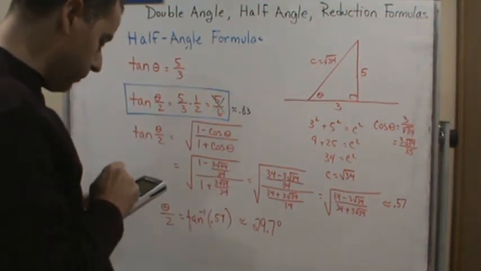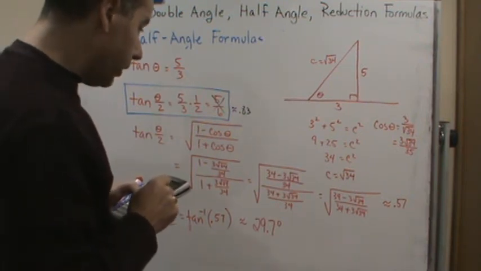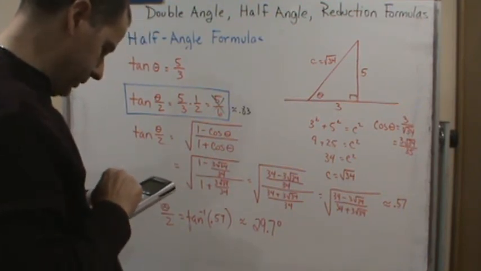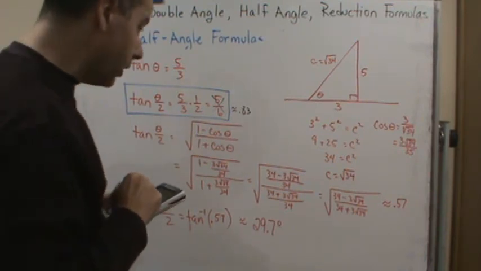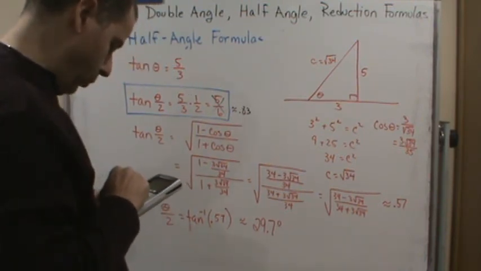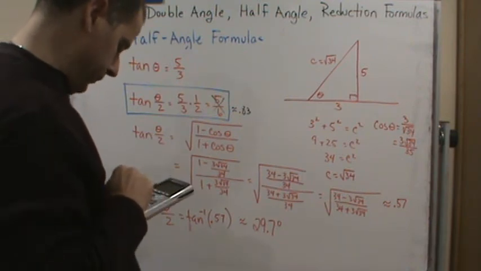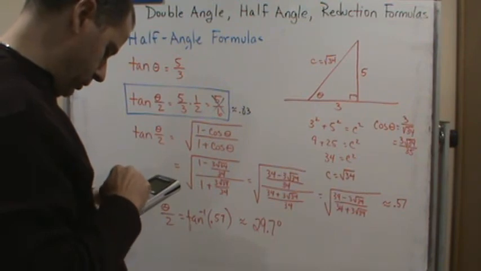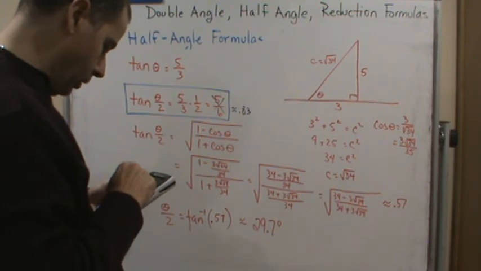So I'm going to do 34 minus 3 times root 34, divided by 34 plus 3 times root 34.